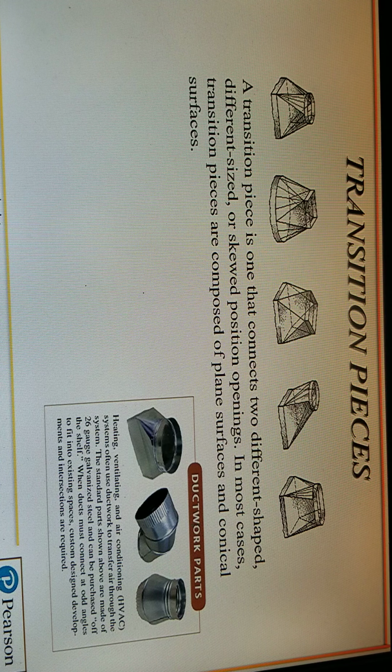So this is what they're talking about in transition pieces. A transition piece is one that connects two different shaped, different sized, or skewed position openings. In most cases, transition pieces are composed of plane surfaces and conical surfaces.